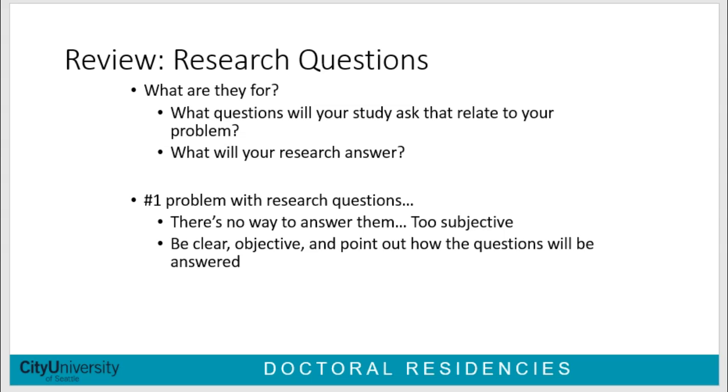A research question is the overarching question. From the research question, you will create interview questions to answer that research question. So the research question is the broader picture, the bigger picture of what you're looking for to know. And then the interview questions will come from those broader questions.